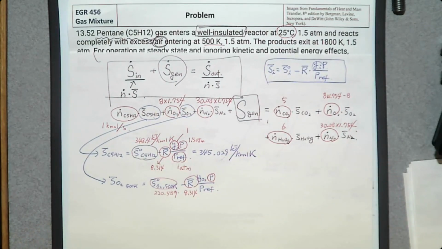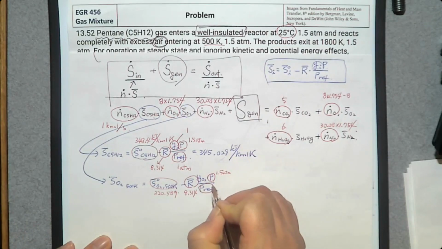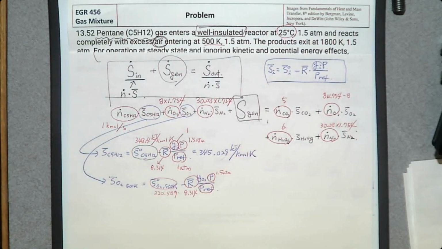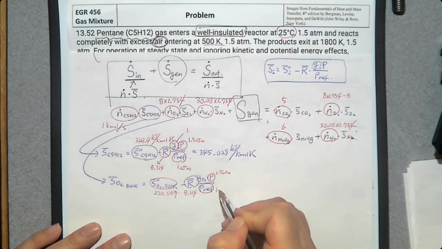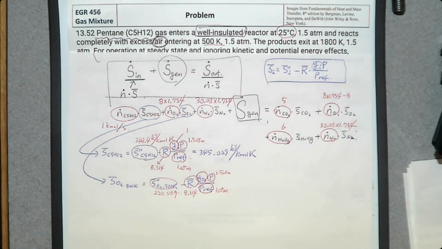What is the pressure at this inlet? Air entering at 500 Kelvin, 1.5 atmospheres. What is the reference pressure from the table? 1 atm. What is the mole fraction of oxygen?